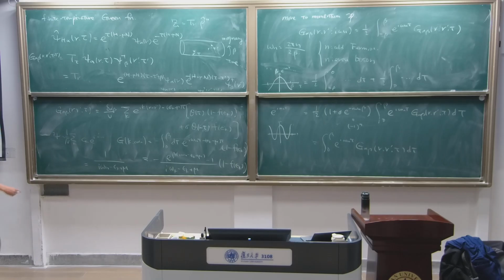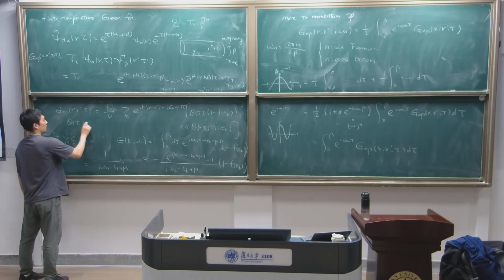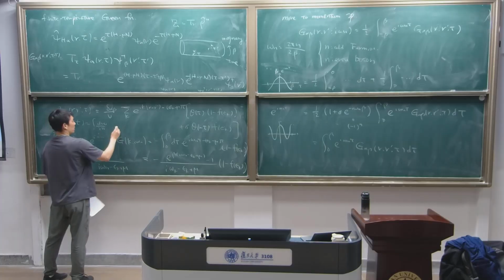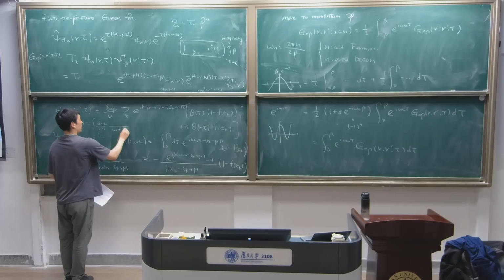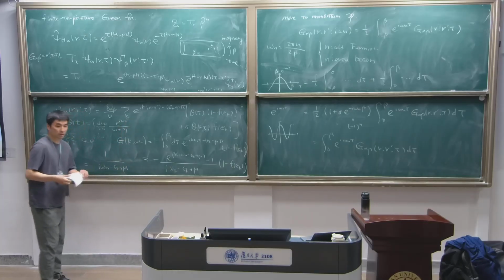So here, the important thing is we don't use this theta function representation, theta of tau equal to the integral d omega over 2 pi, e to the I omega tau over omega plus I delta.